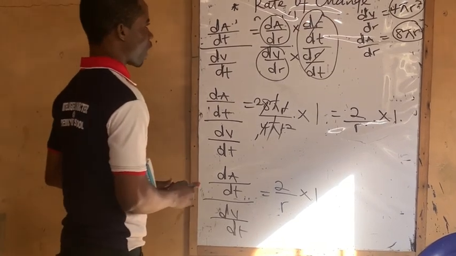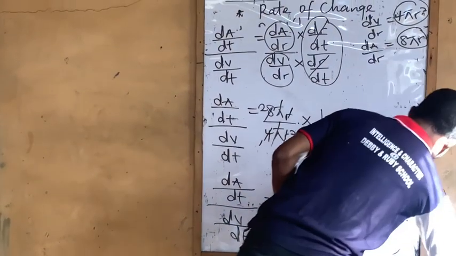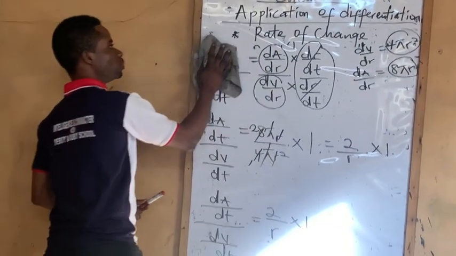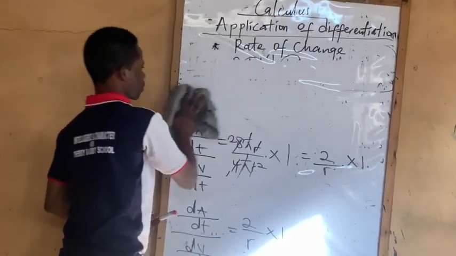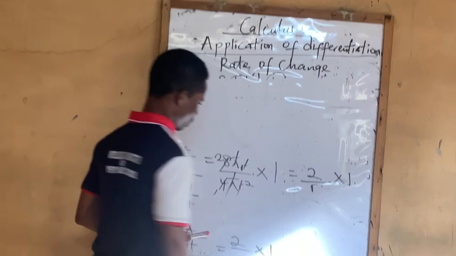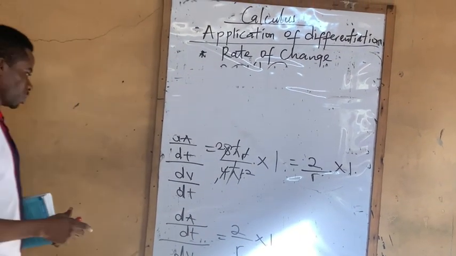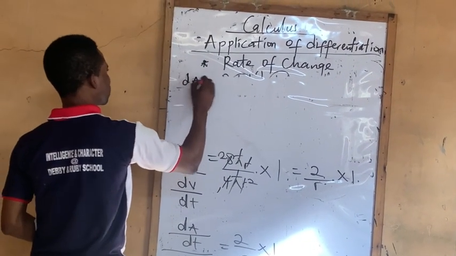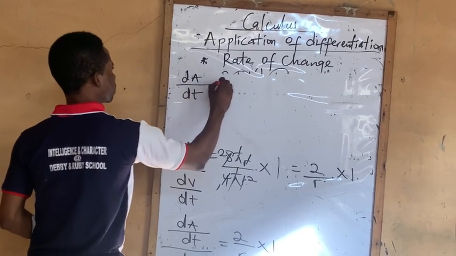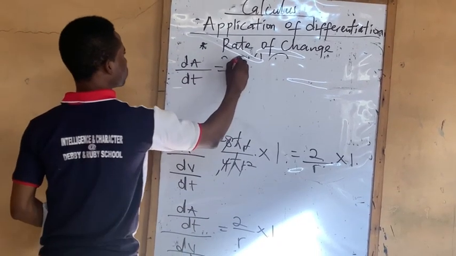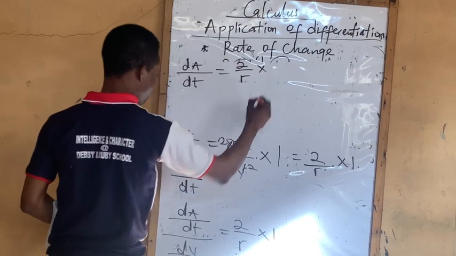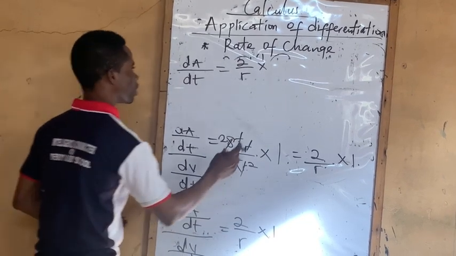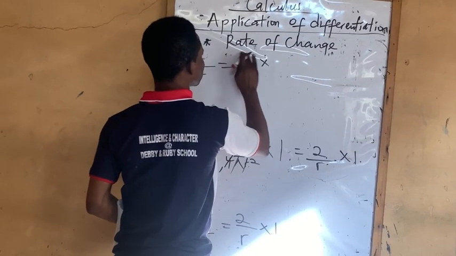So if I cross multiply, I'm going to have dA/dt equals 2 all over r times dV/dt, where I bring this one here.